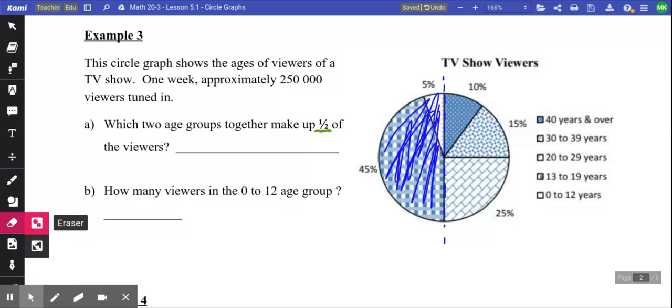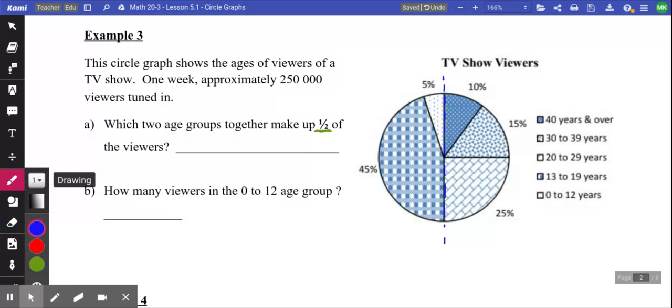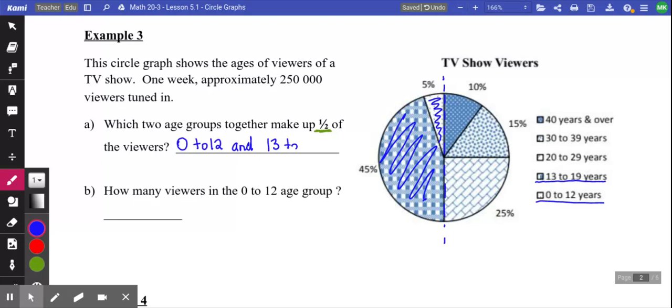So for us, our viewership is this checkered pattern, which I'm going to say is 13 to 19, and then 0 to 12 is this one. So which two age groups together make up half? It'd be from 0 to 12 and 13 to 19. That means half of the viewers are from age 0 to age 19.